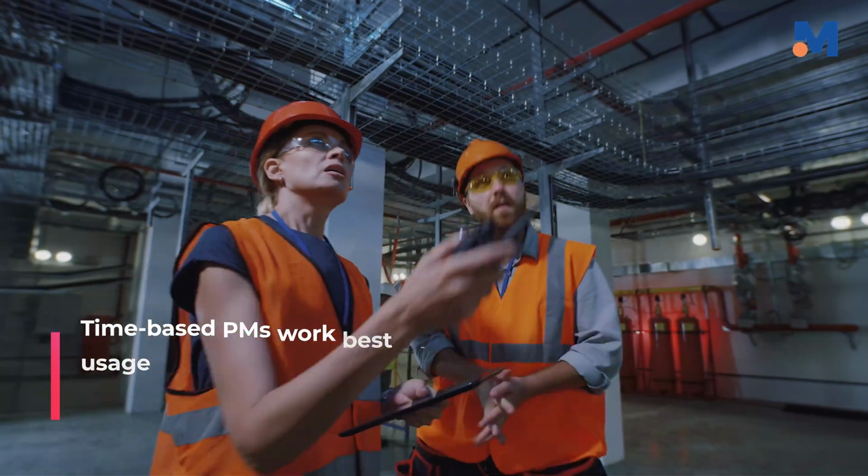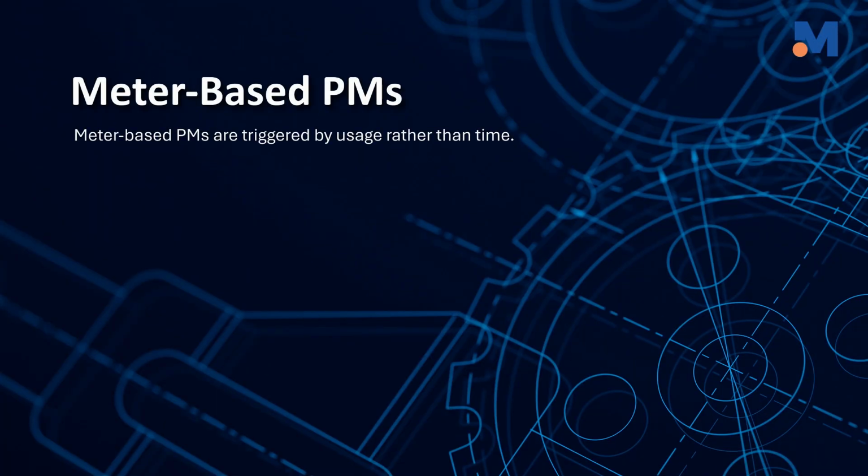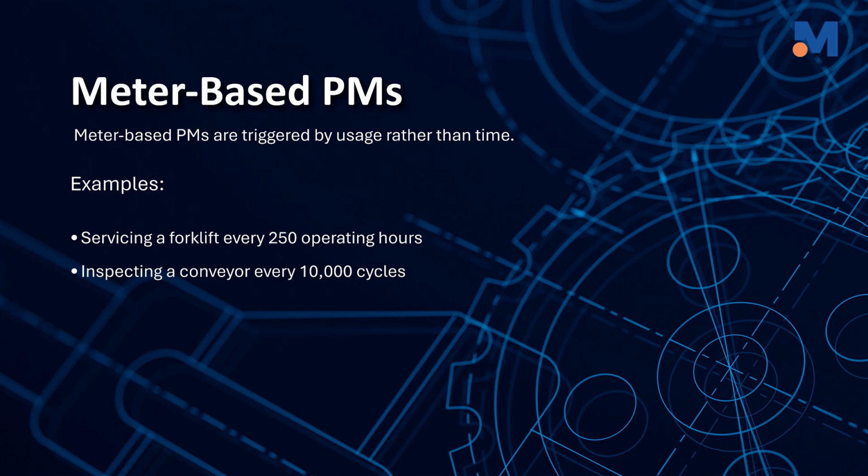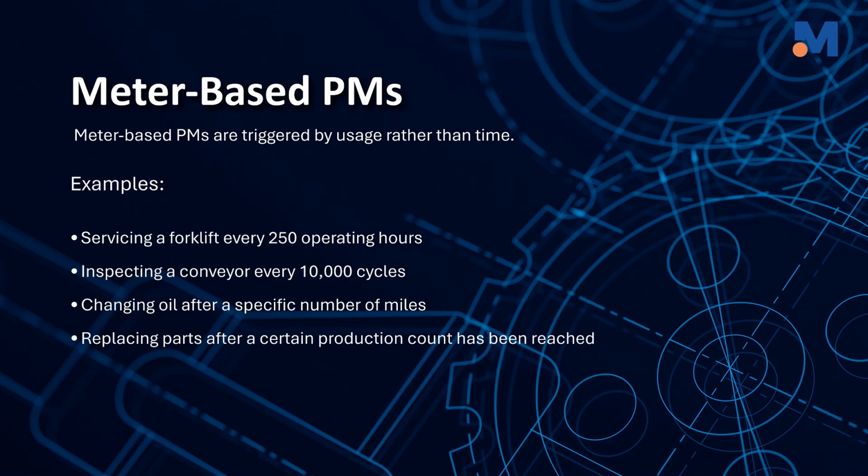In contrast, meter-based PMs are triggered by actual asset usage rather than time. Examples include servicing a forklift every 250 operating hours, inspecting a conveyor every 10,000 cycles, changing oil after a specific number of miles, or replacing parts once a certain production count has been reached.